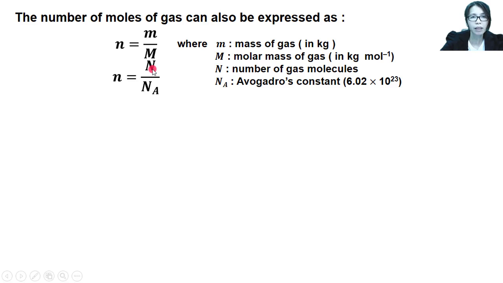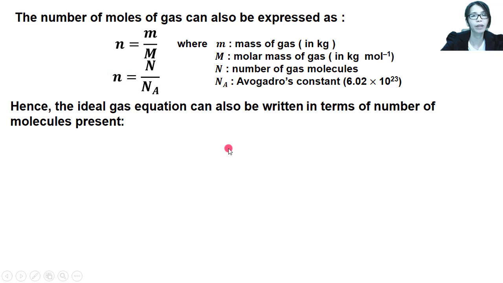The capital N represents the number of gas molecules. We take the number of gas molecules divided by the Avogadro constant, whose value is 6.02 times 10 to the power of 23, so we can also determine the number of moles.